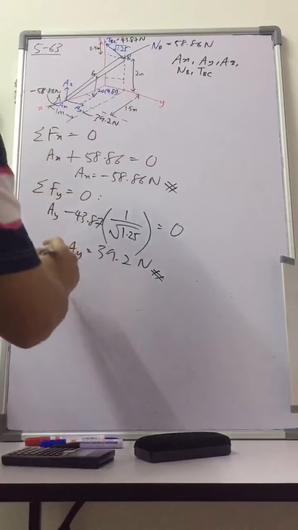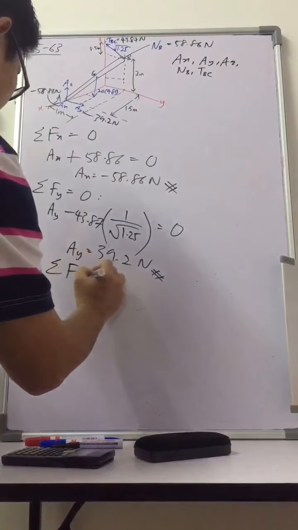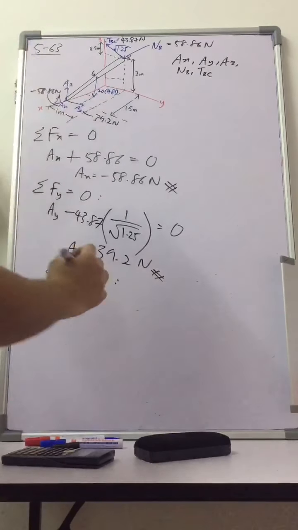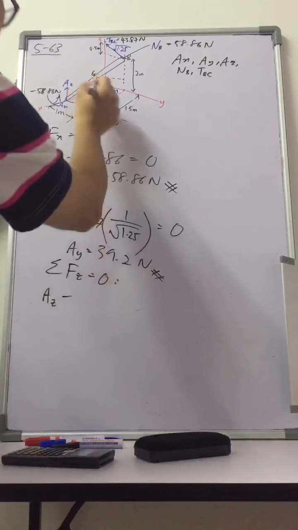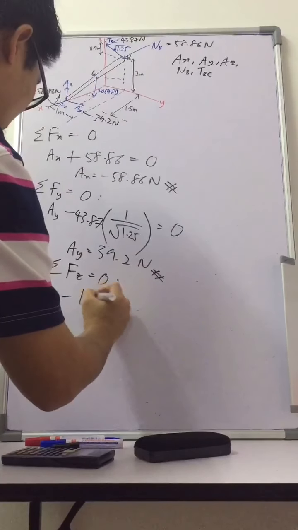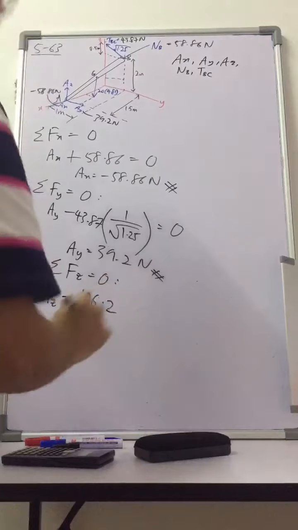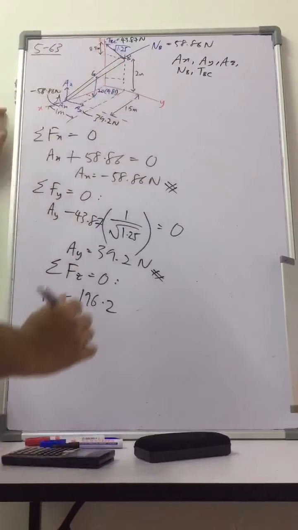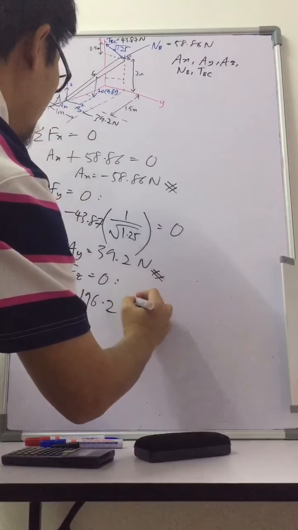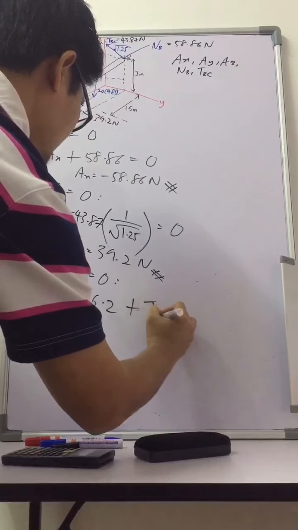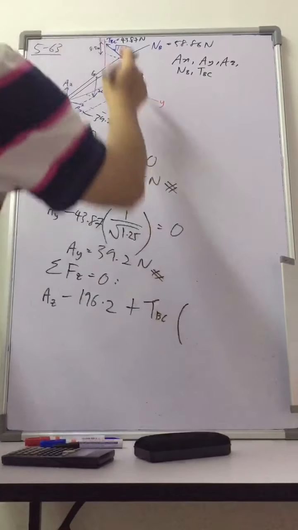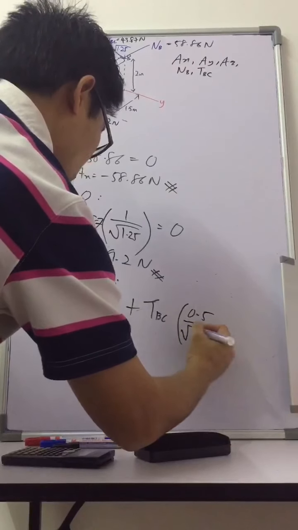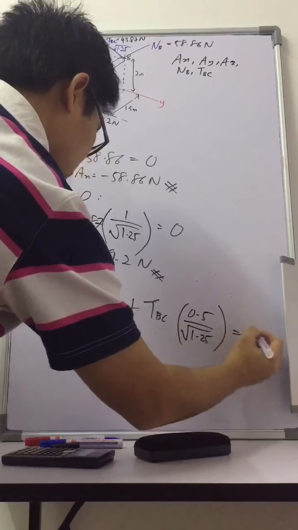So summation of FZ equals to 0, then you have positive AZ, and then minus 20 times 9.81, the weight just now, 196.2, and then the Z component of TBC, which is plus TBC times 0.5 over root 1.25 equals to 0.